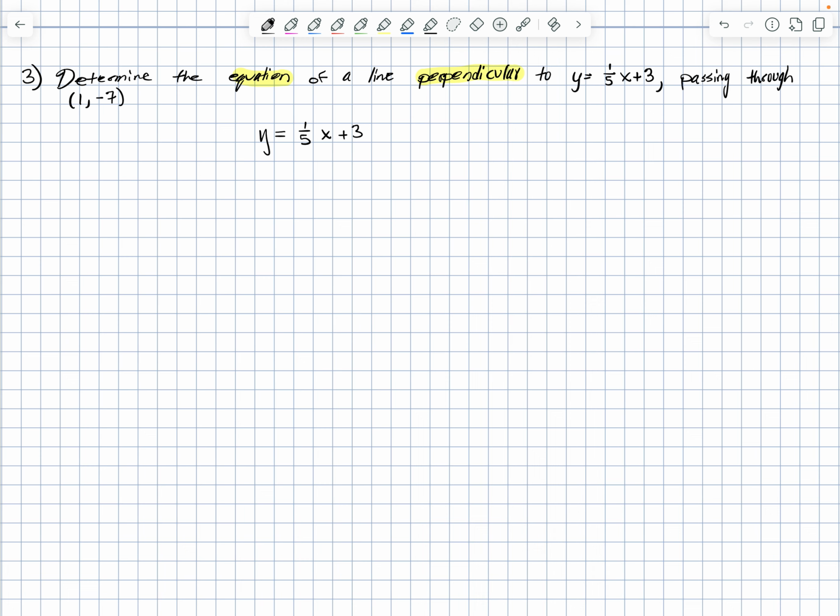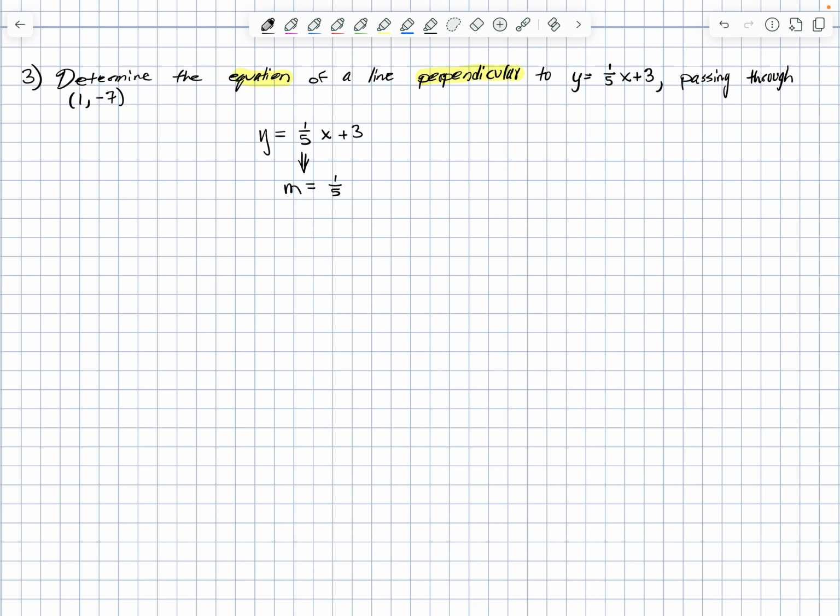Now the question you have to ask yourself is, how do I get the perpendicular? So the line that's perpendicular to this, what is the slope of that? So first thing you have to ask yourself is, what's the slope of this line? Well, the slope, m, is just going to be 1/5. It's literally this number right here in front of the x, the coefficient of x.